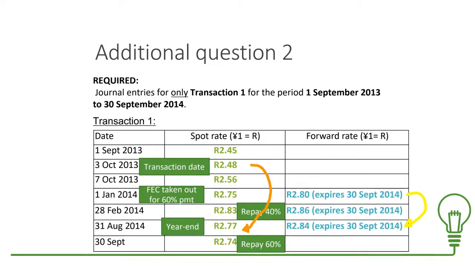So is it a loss or gain on the FEC? We bought in at 280, we locked in at 280, but the fair value is now 284. So on the FEC, we are making a gain.